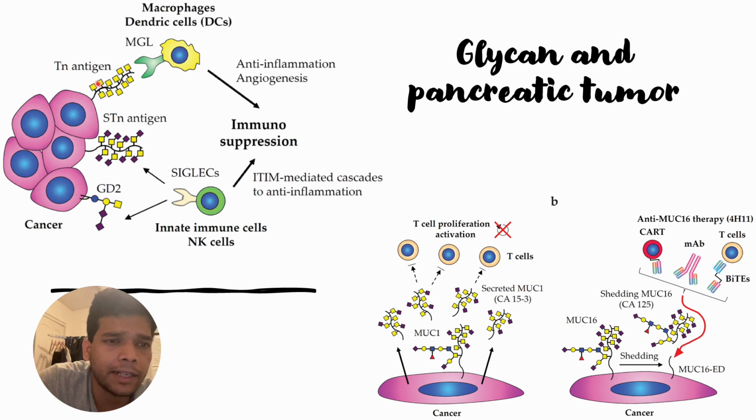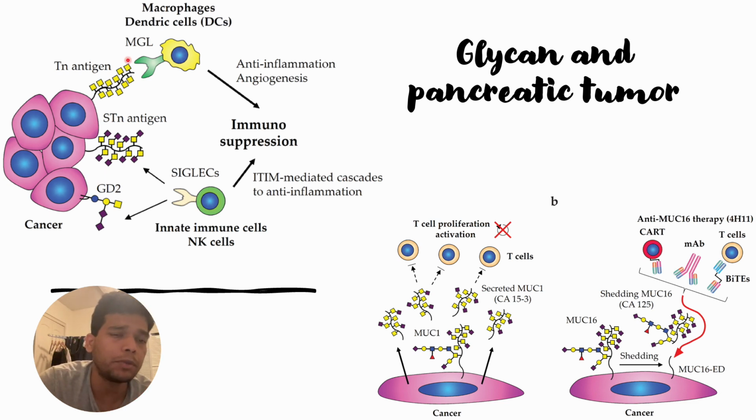Some of the glycans that have been observed in the literature are the TN antigen, STN antigen, and GD2. All these aberrant glycans are markers for the cancer cells. That is, in the healthy cells, these glycans are not expressed, or expressed at a very minimum level.